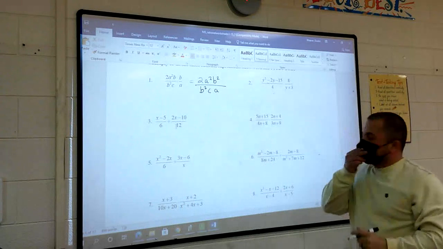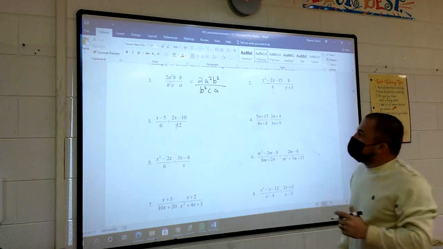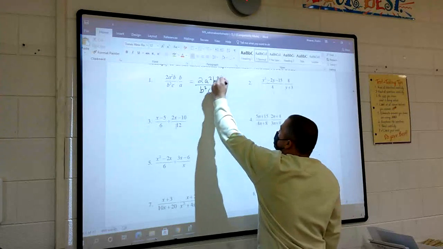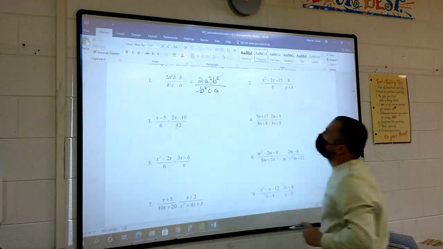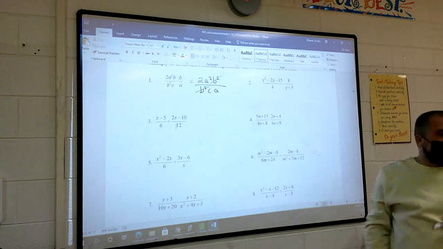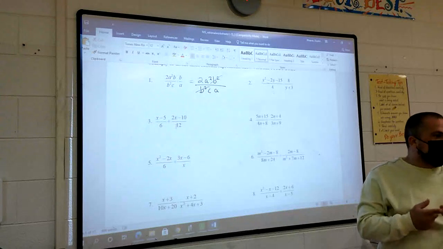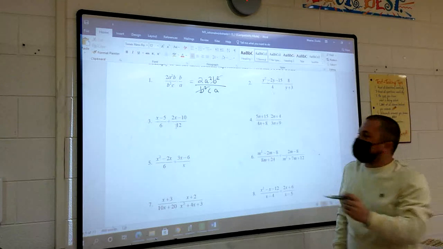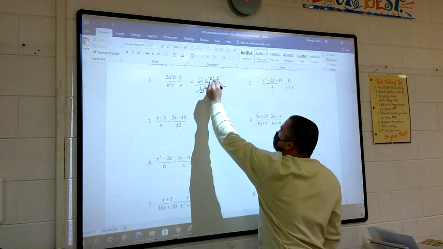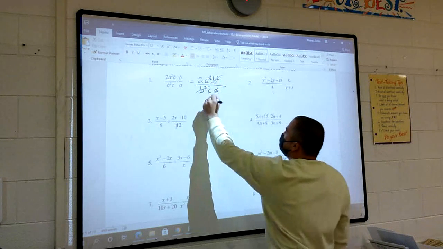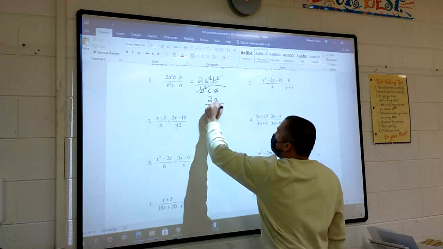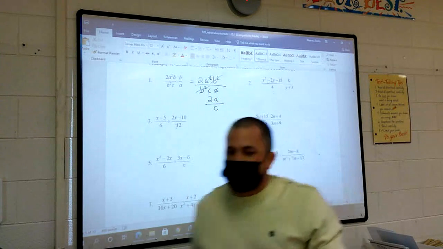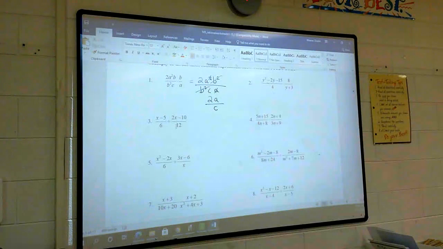So, very simply, the b squares will cancel out. You have a squared up top, which means a times a, so you have 2 a's up there, and you only have 1 a on the bottom, so an a will go away, and so you'll be left with 2a over c. So that will be all that's left in problem number 1.